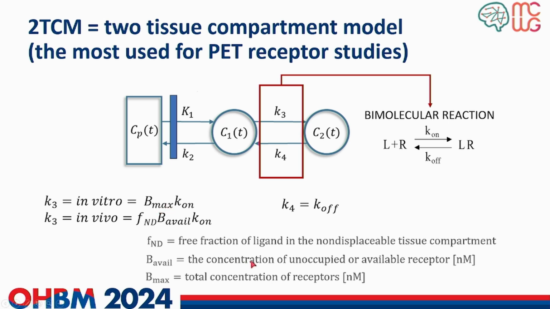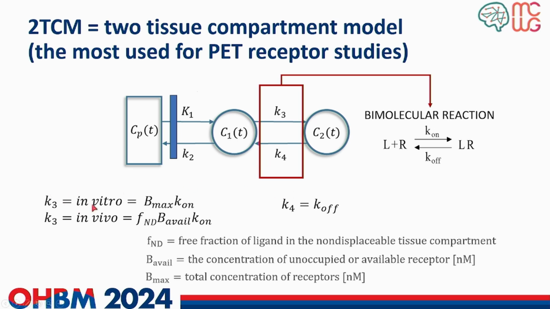Bmax is the concentration of receptors. So K3 is a combination of two pieces of information: the velocity of the binding process, multiplied by the concentration of the receptors in that voxel.